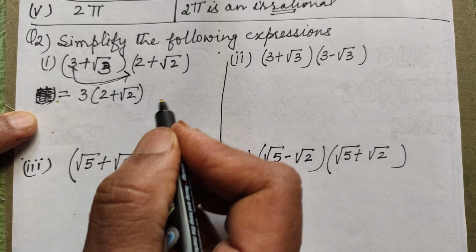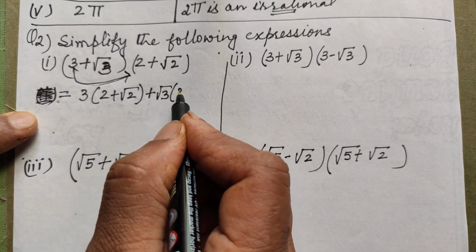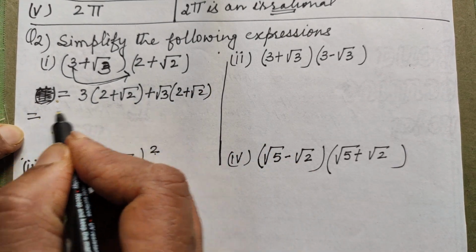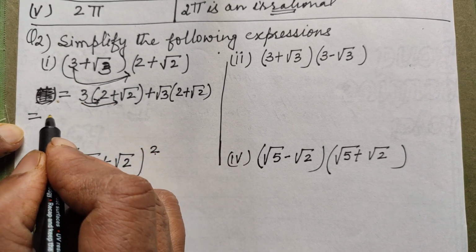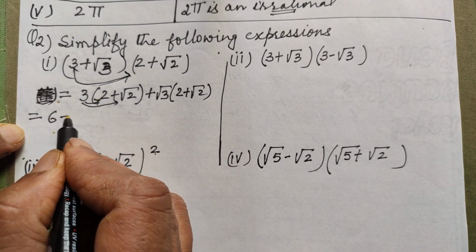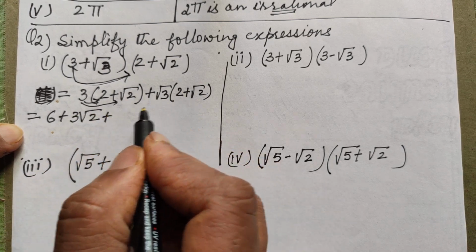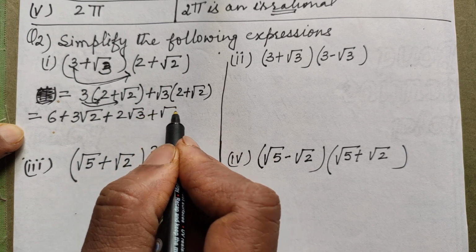In the first step, this expression root 3 to be multiplied with 2 plus root 2. Further, 3 multiplies 2 as well as 3 multiplies root 2. So 3 2s are 6 plus 3 root 2 plus 2 root 3 plus root 6.